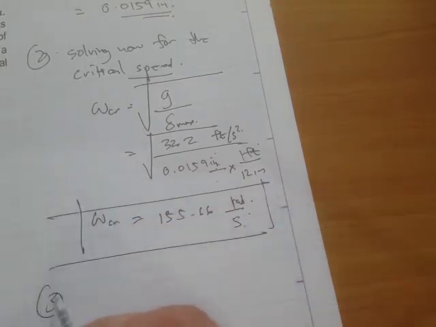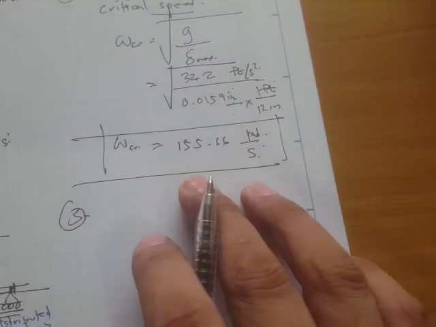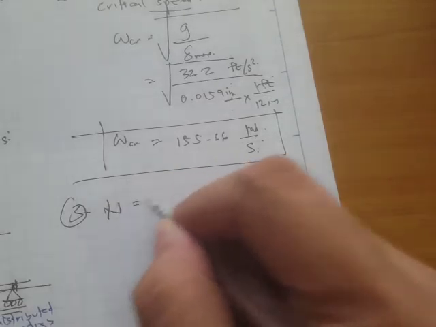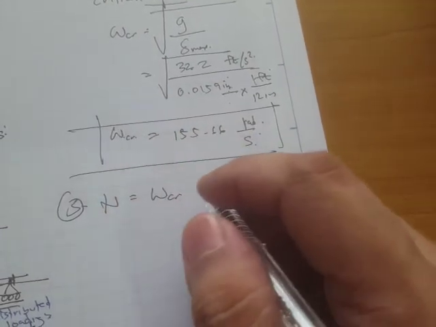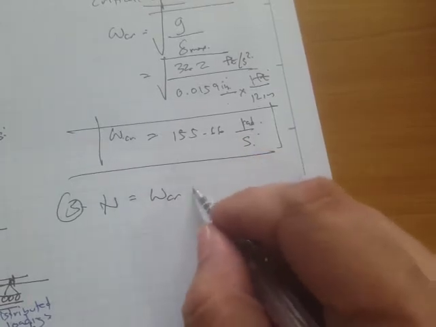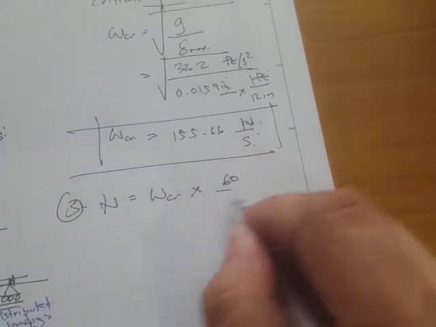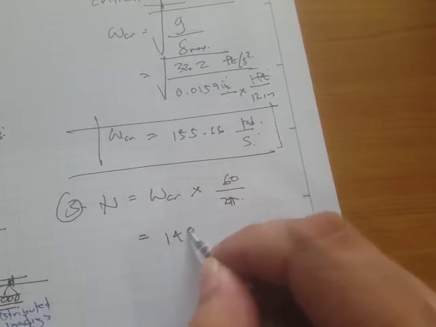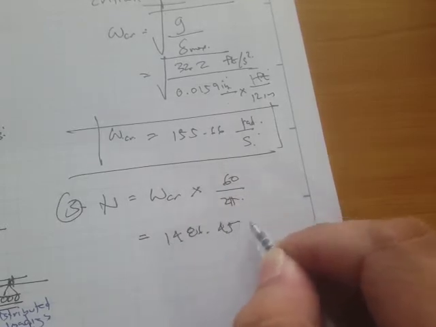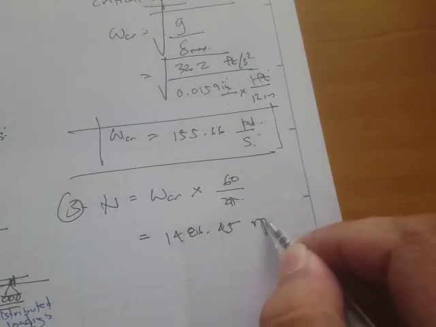And if you want to convert this into RPM, this is simply the critical speed in radians per second times 60 all over 2 pi. What we get is 1486.45 RPM.